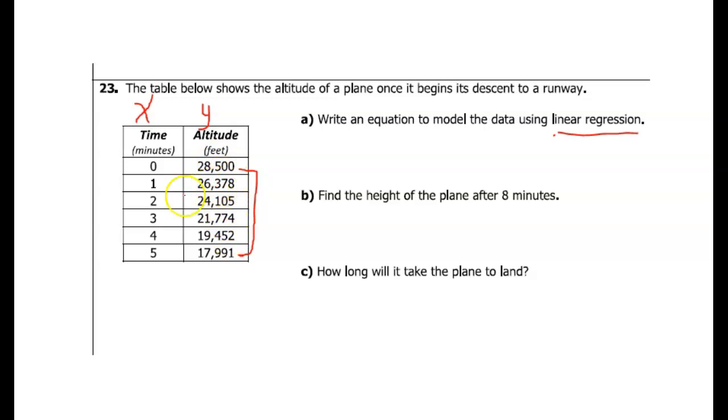So I'll use my top point and my bottom point. That's what Miss Bennett is going to use to write an equation that fits this model. I'm going to use point slope form to write an equation: y minus y1 equals m times x minus x1.